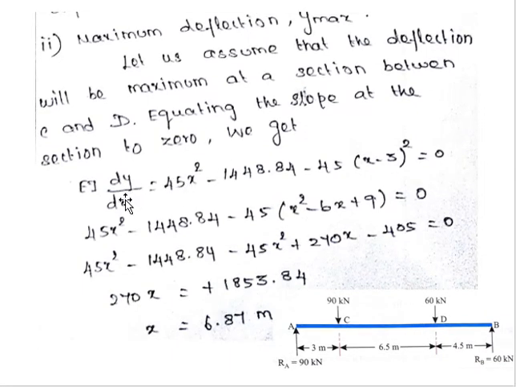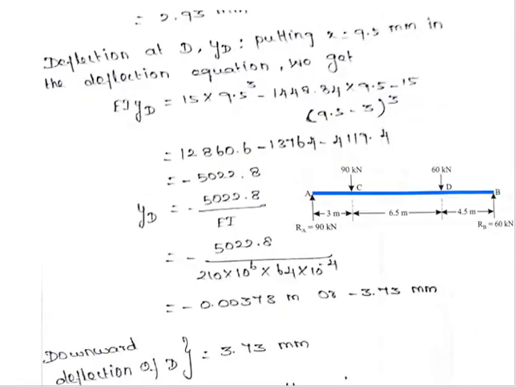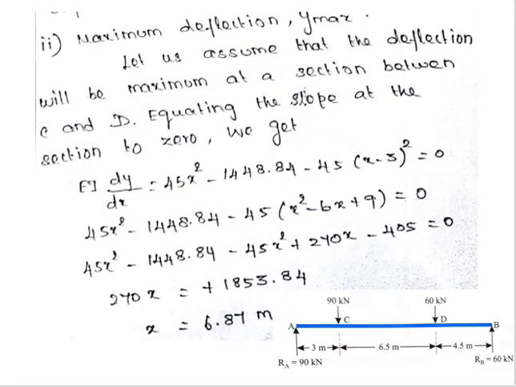So we take that condition and solve for the value here. We already found the slope equation, EI dy by dx. See the second equation here: EI dy by dx equals 45x squared plus C1, minus 45(x minus 3) whole squared. So in this equation, to find the position of the maximum deflection point, finally you put 0 here.